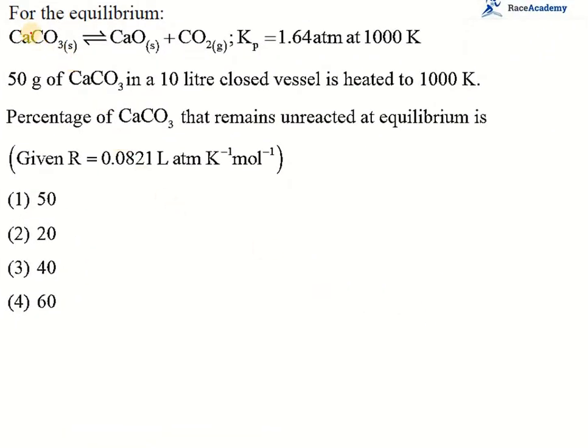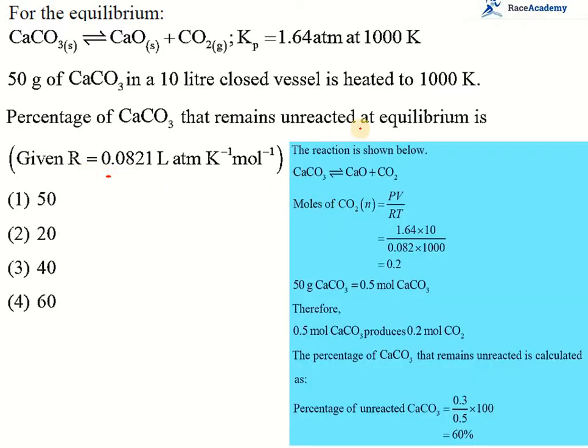Next question. For the equilibrium, calcium carbonate gives CaO plus CO2, the Kp value is given at 1000 Kelvin. 50 grams of calcium carbonate in a 10 liter closed vessel is heated to 1000 Kelvin. What percentage of calcium carbonate remains unreacted at equilibrium? The R value is also given.